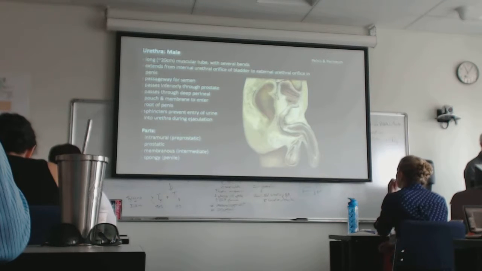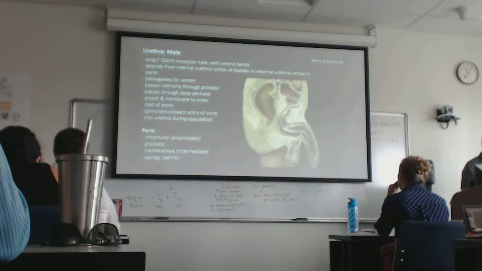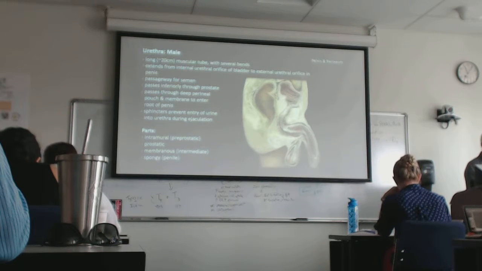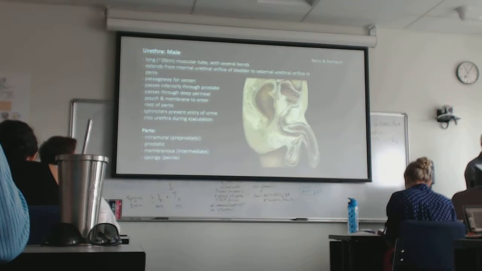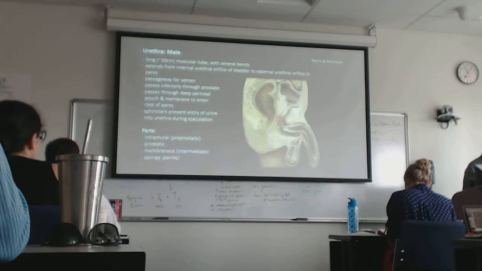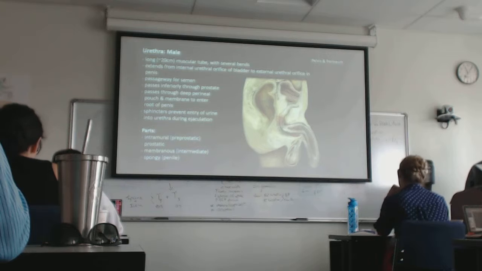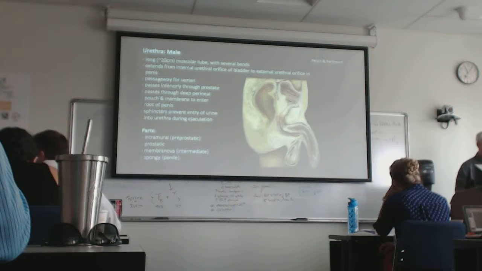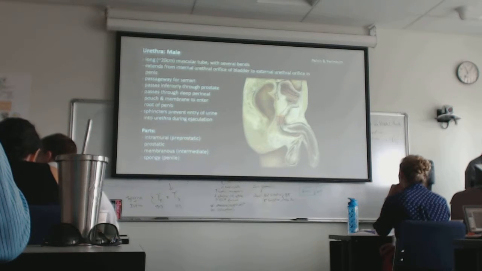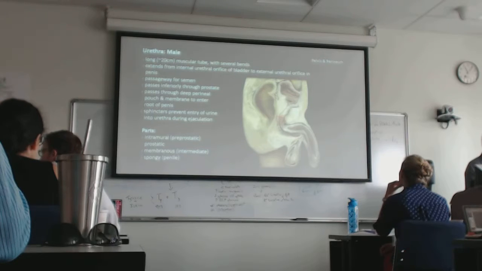Then you have the prostatic urethra, which extends through the prostate. Then at the perineal region, right down here, we normally call that the membranous or intermediate urethra, and that too has a little valve in it. And then the penile or spongy urethra continues down to the navicular fossa.